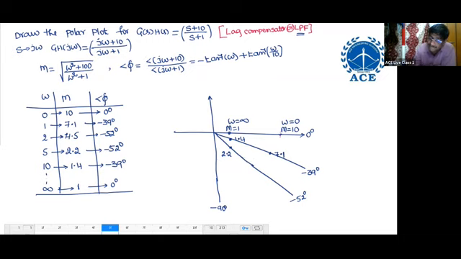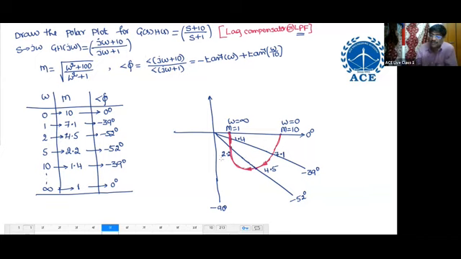Join this and give the direction. So this is called the polar plot for a lag compensator.